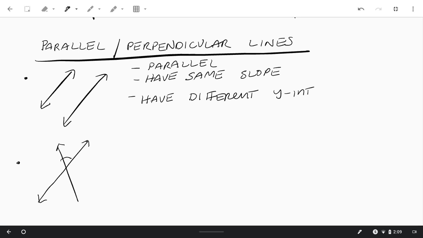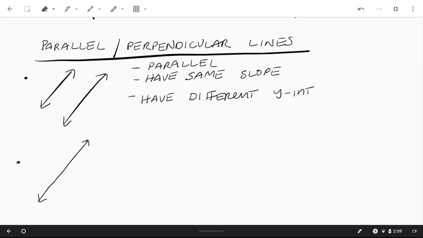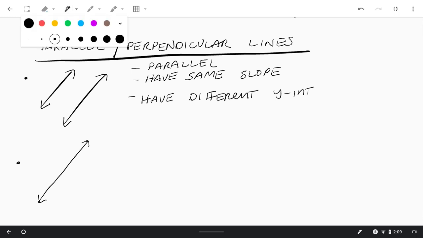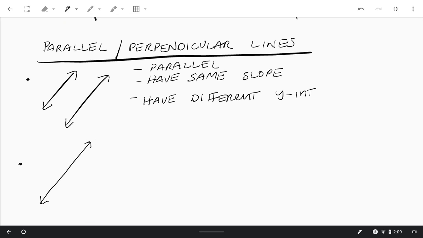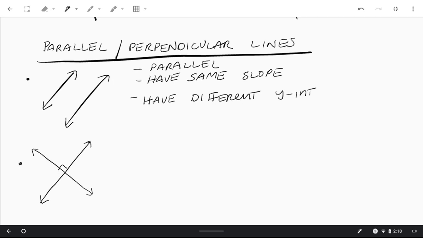Let me erase that. They have to cross at a 90-degree angle, more like this. 90 degrees right there. So, perpendicular.